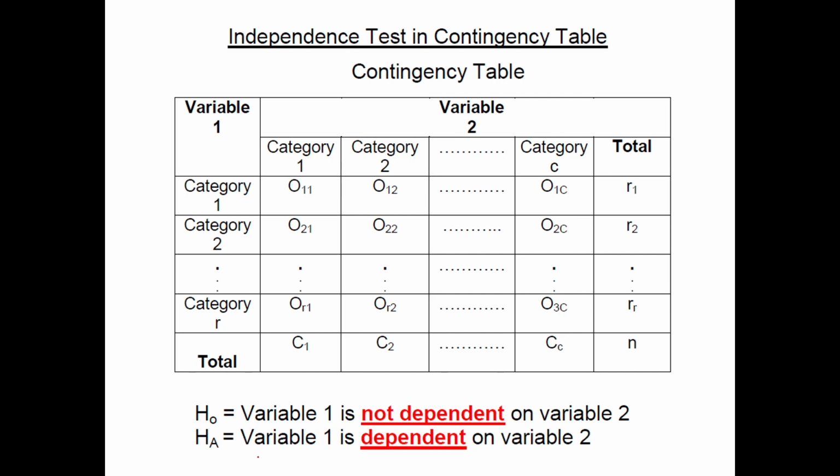Whereas your alternative hypothesis will claim that there is a dependency between these two variables. It is just the same as your t-test, when you state your null hypothesis, you always say that there is no difference. Therefore for your chi-square, there will be no dependency. They always claim everything as neutral for your null hypothesis. So that's what you need to remember.